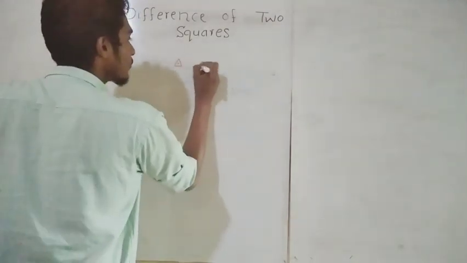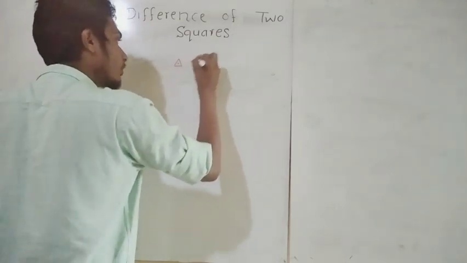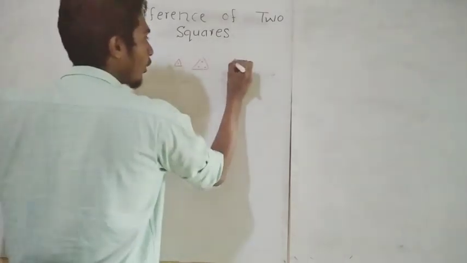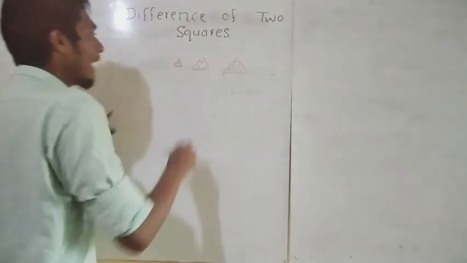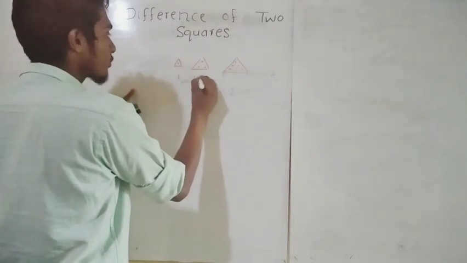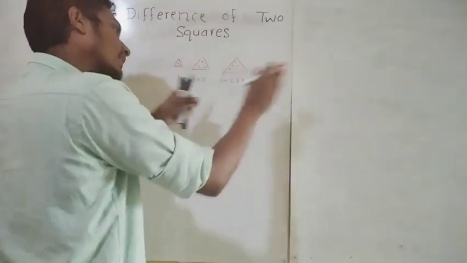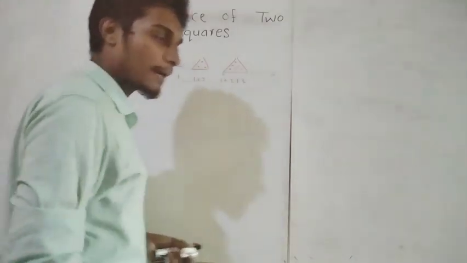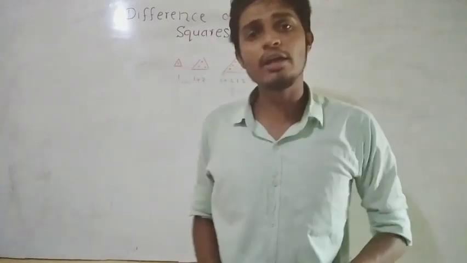If you consider three dots, you can draw another triangle. And 1 plus 2, 1 plus 2 plus 3, the continuation of these makes up the triangular number pattern.